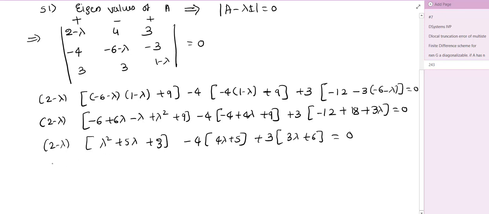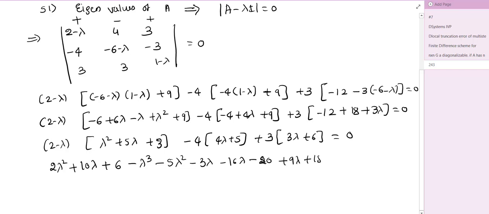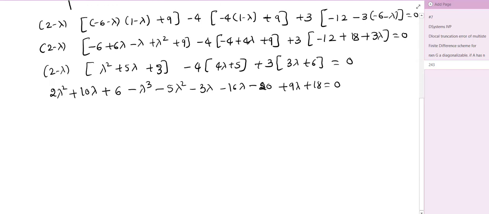You can multiply with 2. This is 2 lambda square plus 10 lambda plus 6 minus lambda cube minus 5 lambda square minus 3 lambda minus 16 lambda minus 20, so plus 9 lambda plus 18 equal to 0.